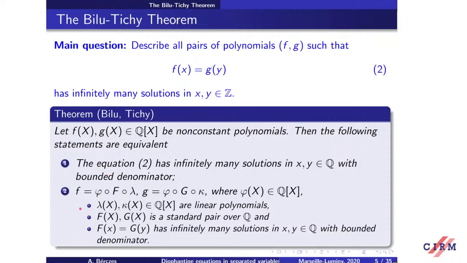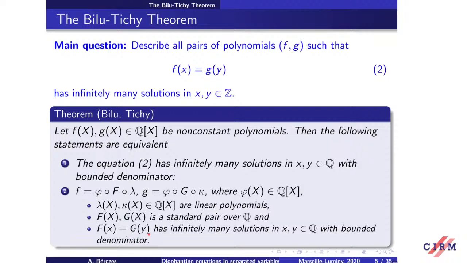So this statement is equivalent to the fact that f is composed of three polynomials, and g is composed again of three polynomials, where the inner polynomials are linear, and the middle polynomials form a so-called standard pair, which on the next slide I will show how they look like.